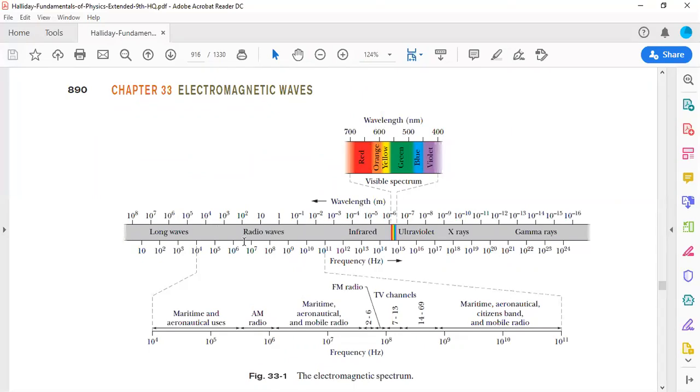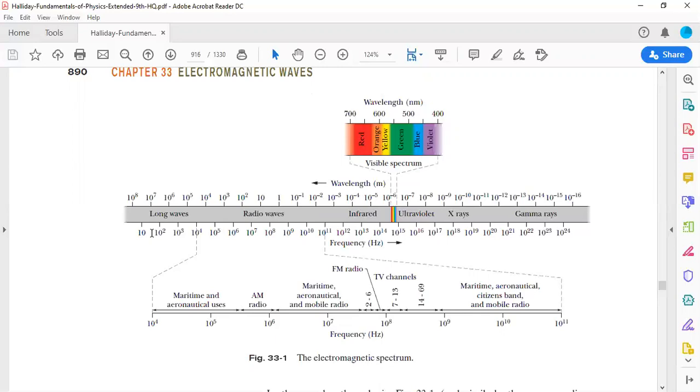The rest of the whole range of the spectrum is not showing any color. From the left of the screen, there are long waves, and as you move towards the right, the wavelength gets shorter and shorter.